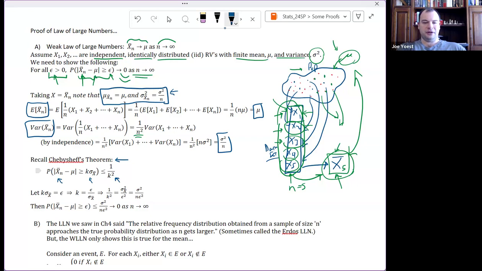So if instead of just having a random variable xi, I made my random variable x bar n, the probability that x bar n minus mu in absolute value is bigger than or equal to k times the standard deviation of x bar n, the square root of the variance of x bar n, is going to be less than or equal to 1 over k squared.